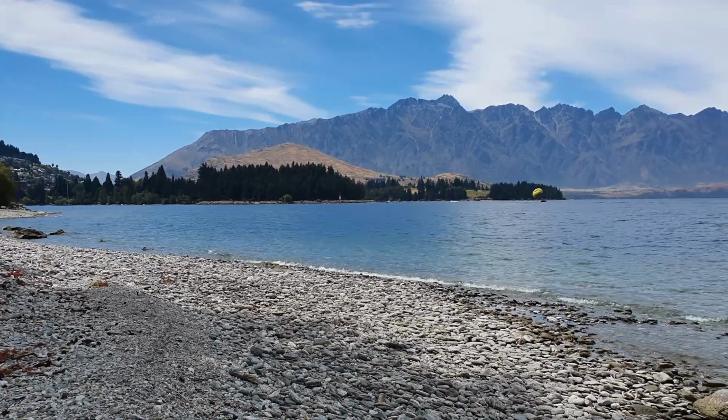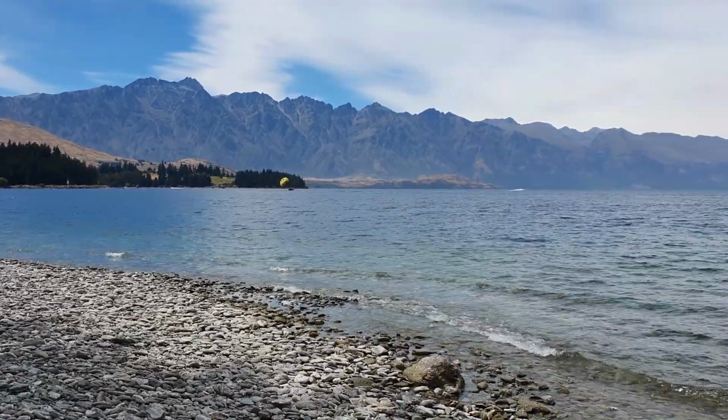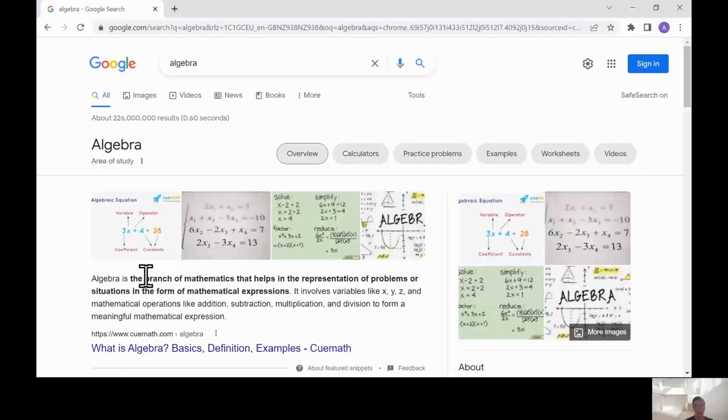Right, let's talk about algebra. What is algebra? If you do the Google search, it says algebra is a branch of mathematics that helps in the representation of problems or situations in the form of mathematical expressions.